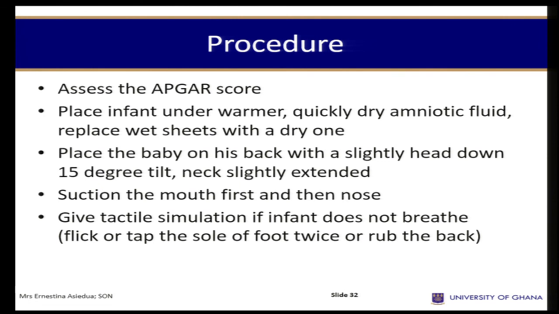You replace the wet sheet with a dry one. You place the baby on his back with a slightly head down 15-degree tilt and the neck slightly extended. You suction the mouth first and then you suction the nose. Now you give tactile stimulation if the infant does not breathe. So when you are even cleaning the baby, you'll be stimulating the baby.